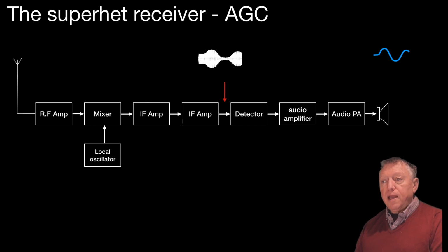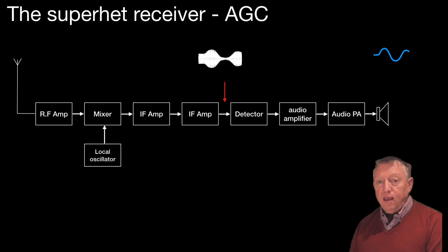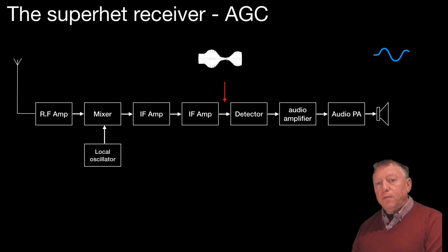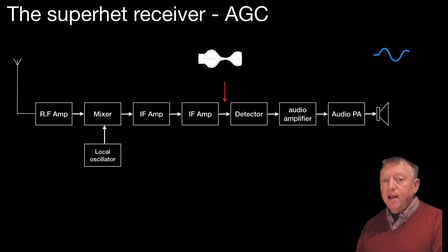Now, with the variable nature of radio, and particularly HF, we might find ourselves having to constantly adjust the audio frequency gain, and we would also find it difficult to keep our signals within the centre of the dynamic range of the IF amplifiers. So some sort of automatic control is warranted.